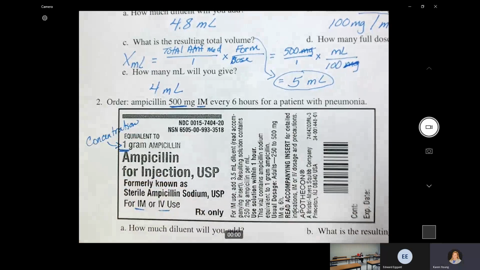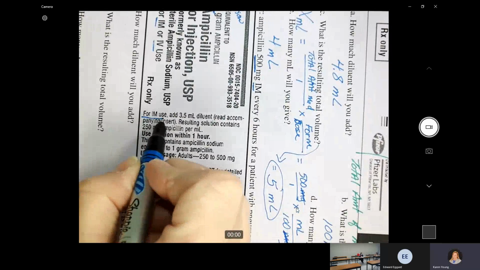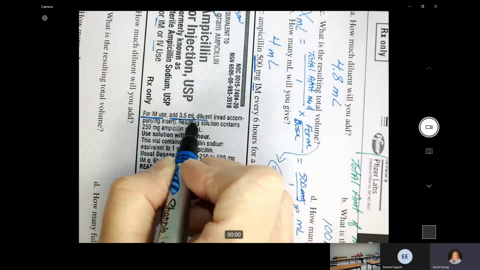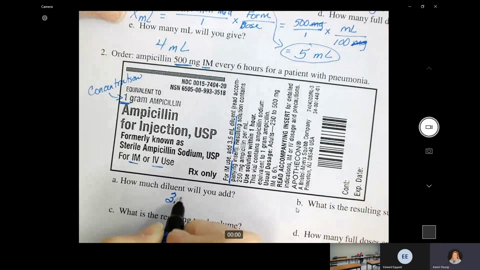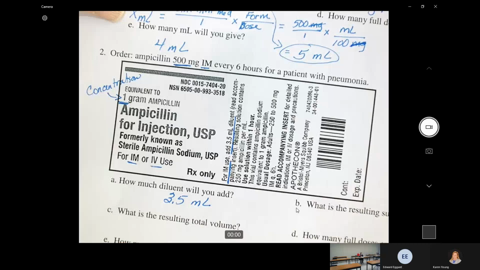So then I'm going to look over here. I'm giving it IM, so it says for IM use, you're adding 3.5 milliliters of diluent. So my milliliters of diluent is 3.5. And what's the resulting supply dosage?